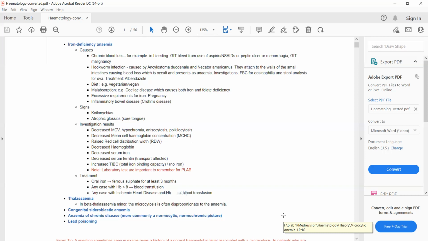They can also lead to deficiency of iron because they attach to the wall of the intestines and result in blood loss, which is occult and presents as anemia. So parasitic or hookworm infection can also cause iron deficiency. And pregnancy can also lead to iron deficiency anemia because in pregnancy, the requirement of iron is increased.